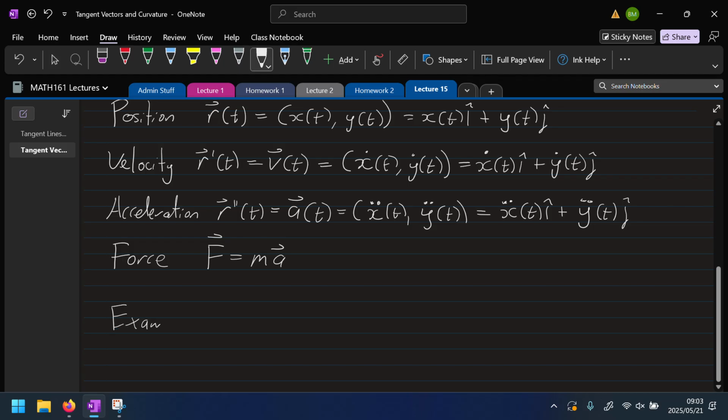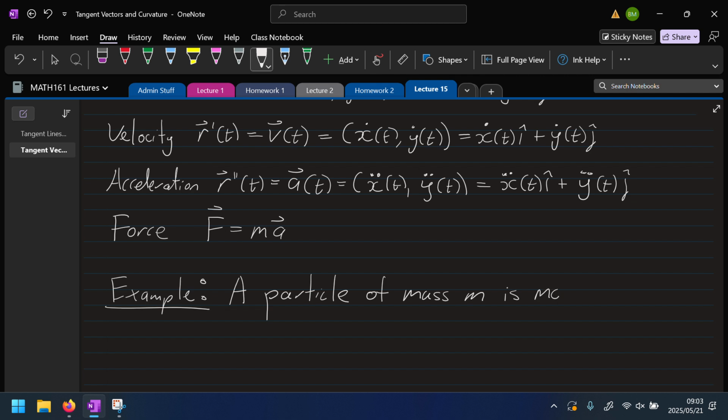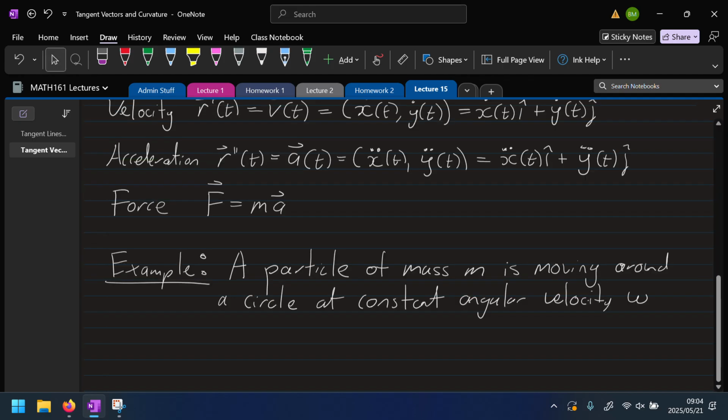There's going to be two parts to this. A particle of mass m is moving around a circle at constant angular velocity omega.